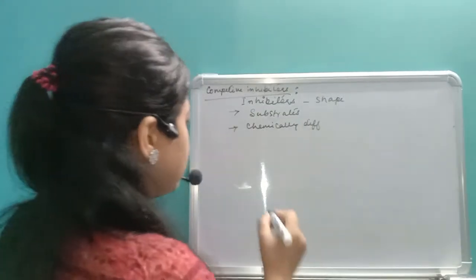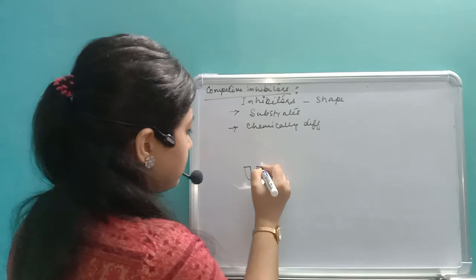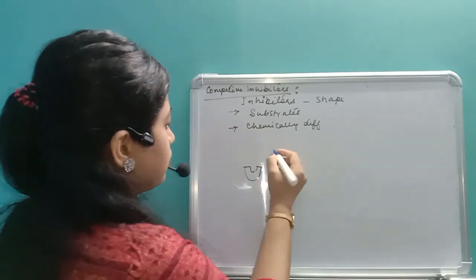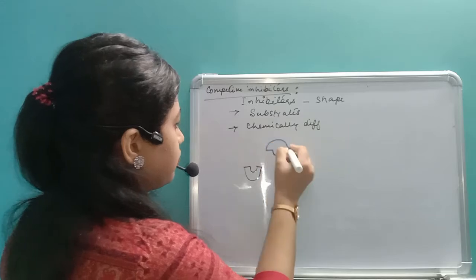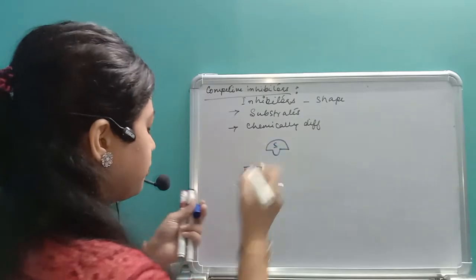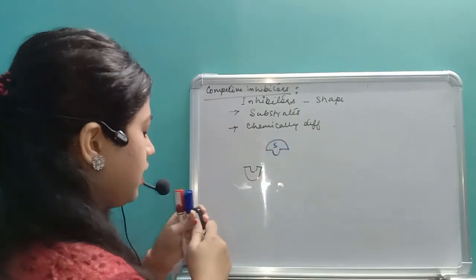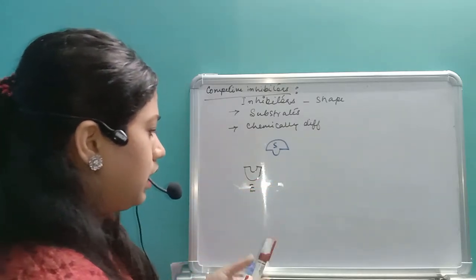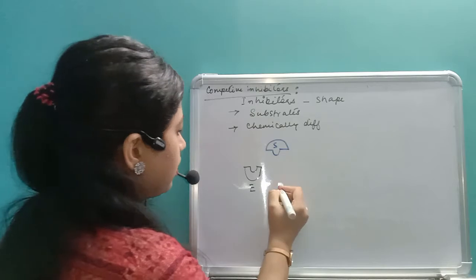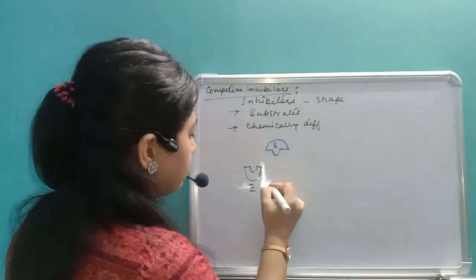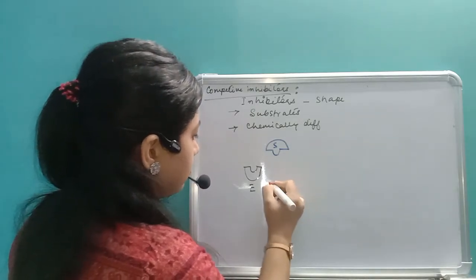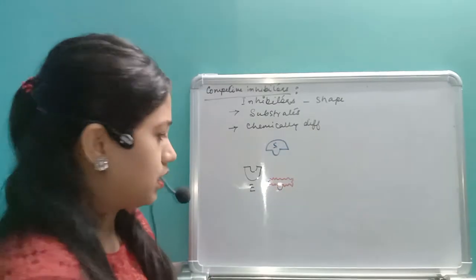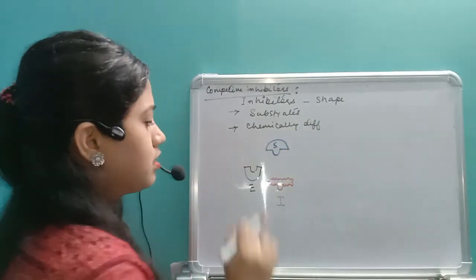Just see, this is the enzyme, this is one substrate, and this is the inhibitor. So as we have seen here, this is the inhibitor, this is the substrate.